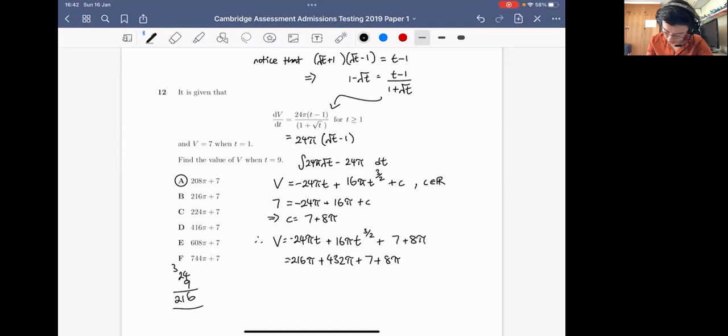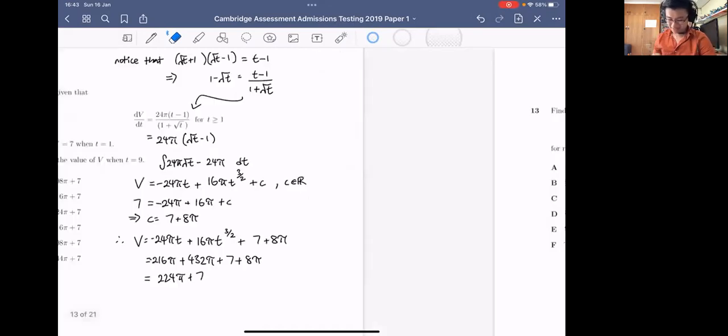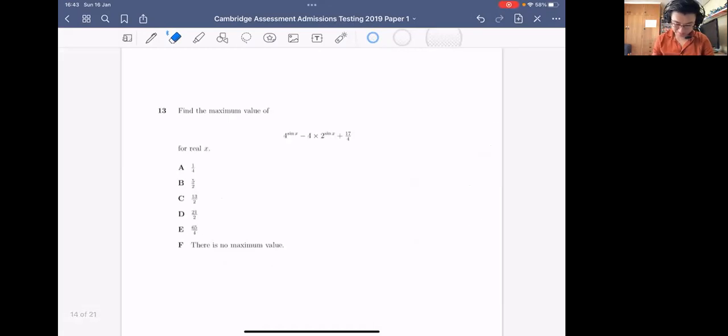That's minus 216 pi. Oh no, why did I subtract 8 before? This is 224 pi plus 7. My goodness. Okay, this was a very tiring question. Whew. Okay, this should be right now.